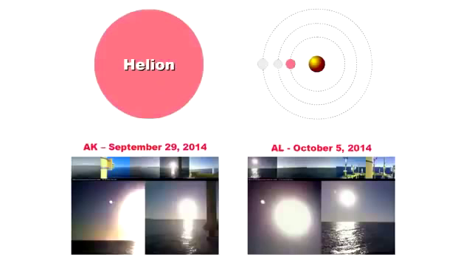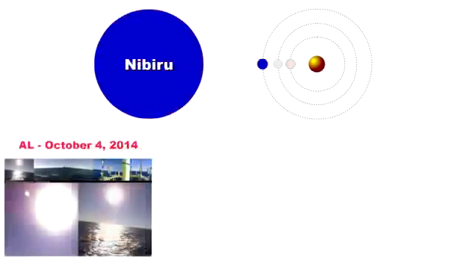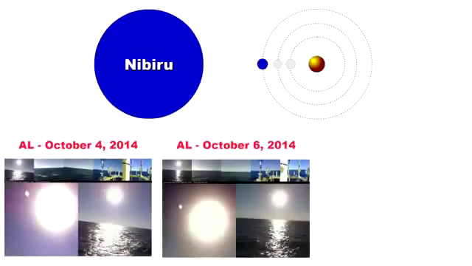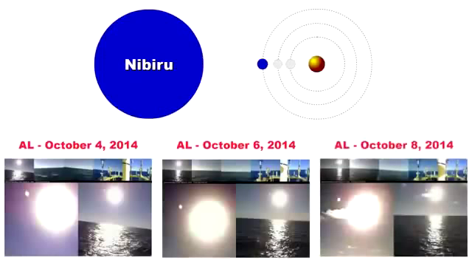However, what comes next puts a whole new spin on the word interesting. According to the guides, the planet Nibiru was first observed from the Gulf of Mexico on October 4, 2014, then again by the same buoy on October 6, 2014, and yet once again from the same buoy on October 8th.